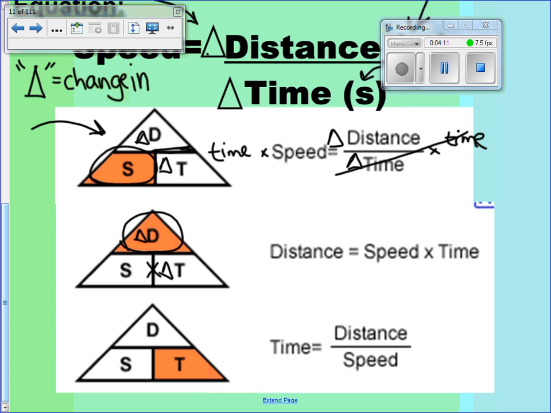And as you can see, that's our equation here. And if you look down at the bottom, what's highlighted is T, meaning that you're solving for time if you need to. And time equals distance divided by speed. It's just a way to do it without having to take the time to actually manipulate the equation. For some of you, memorizing this triangle might be easier.